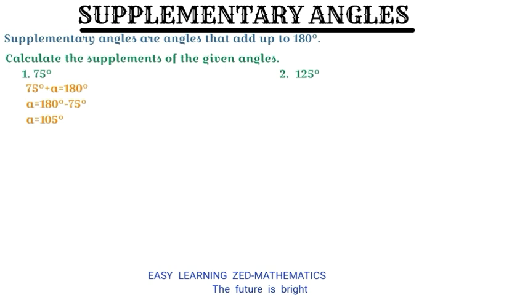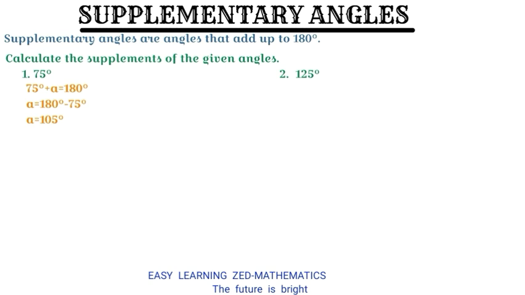Question number 2: we find the supplement of 125 degrees. So what we're going to do is come up with an expression or equation that will help us find the supplement of 125.